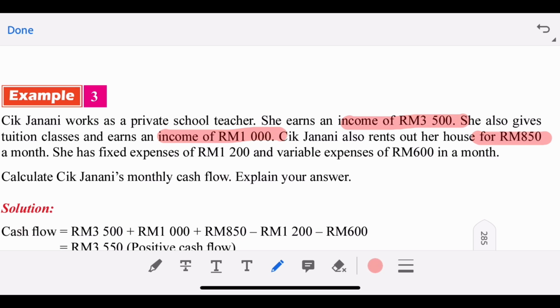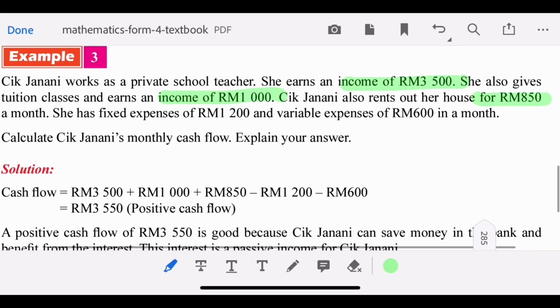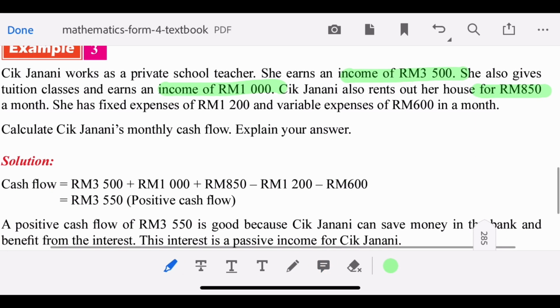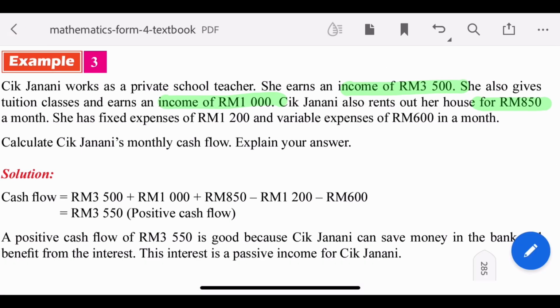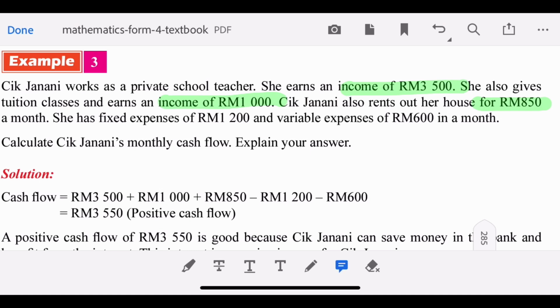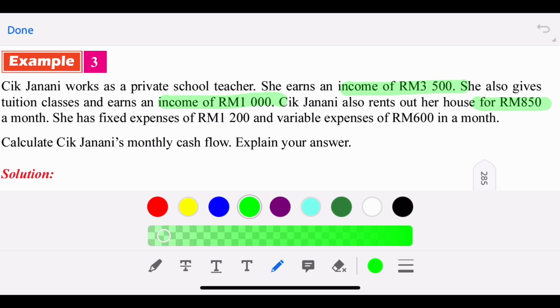Cik Janani also rents out her house for 850 a month. She has fixed expenses of 1,200 and variable expenses of 600 in a month. Calculate Cik Janani's monthly cash flow. Explain your answer.